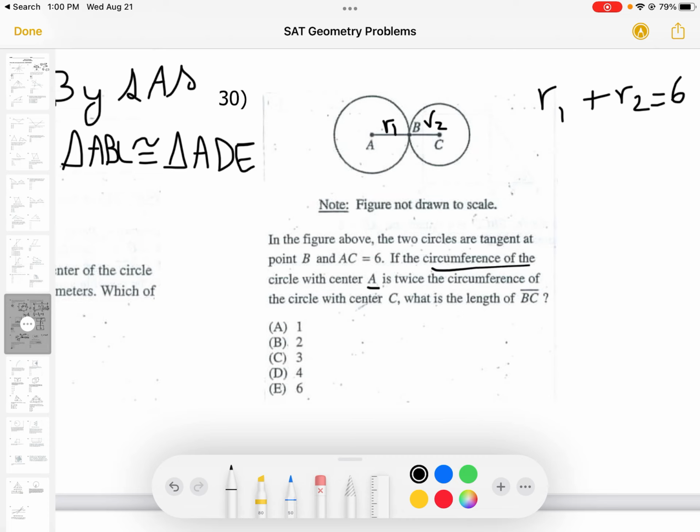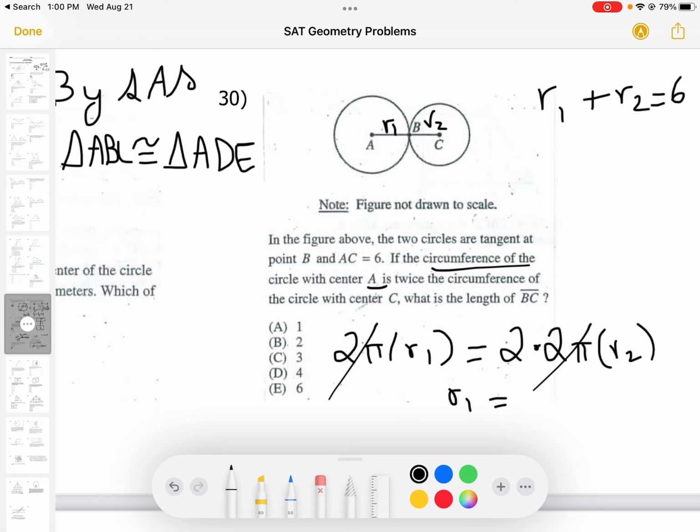We know the circumference of circle A is twice the circumference of circle C. So 2 pi times R1 is equal to 2 times the circumference of circle C, so 2 times 2 pi times R2. Right, we can cancel the 2 pi, and we get R1 is equal to 2R2.